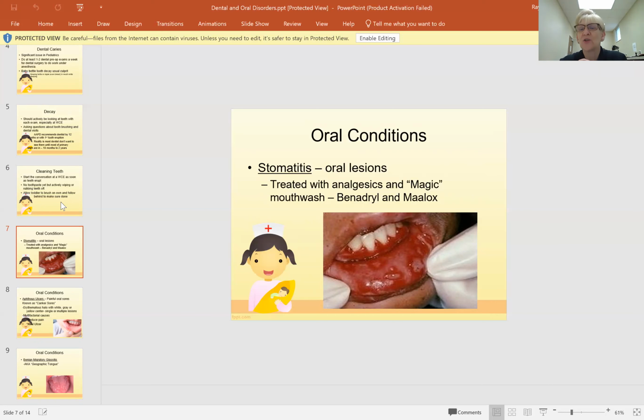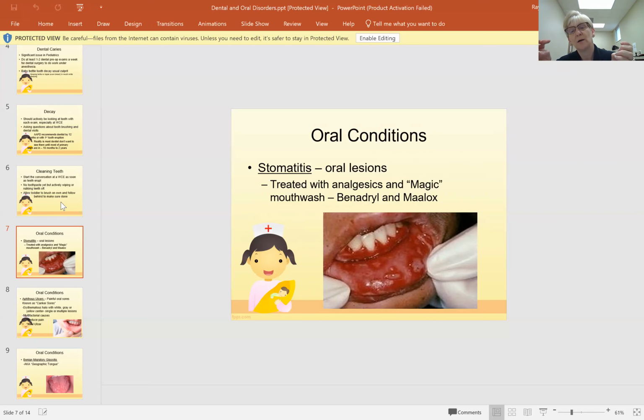Now, if they're able to swish and spit, we might also add some viscous lidocaine in there to help with the pain. But if they can't swish and spit, I'm not going to put xylocaine in that, because if they swallow it, then that can numb the gag reflex. That's the reason we don't use baby oral gel anymore for teething: they can choke and aspirate and not even know it.